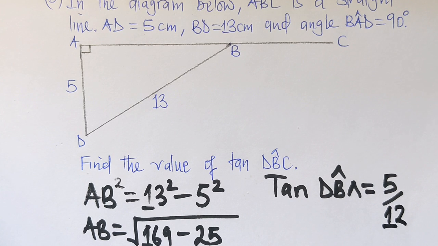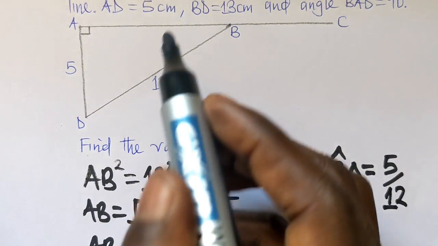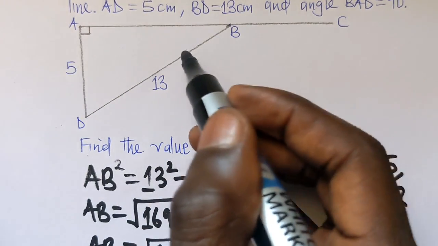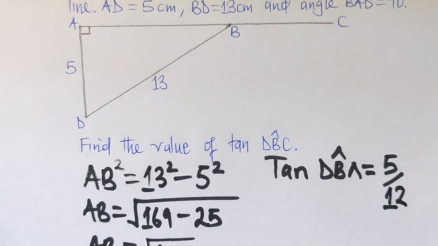So tan DBA is equal to 5 over 12. Now this measure is in the first quadrant. So we are looking for this measure, which is more than 90 degrees, in the second quadrant.